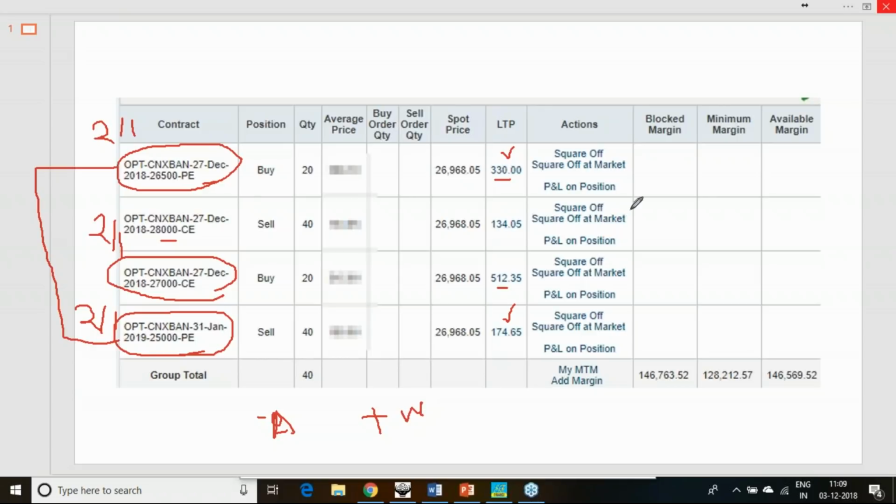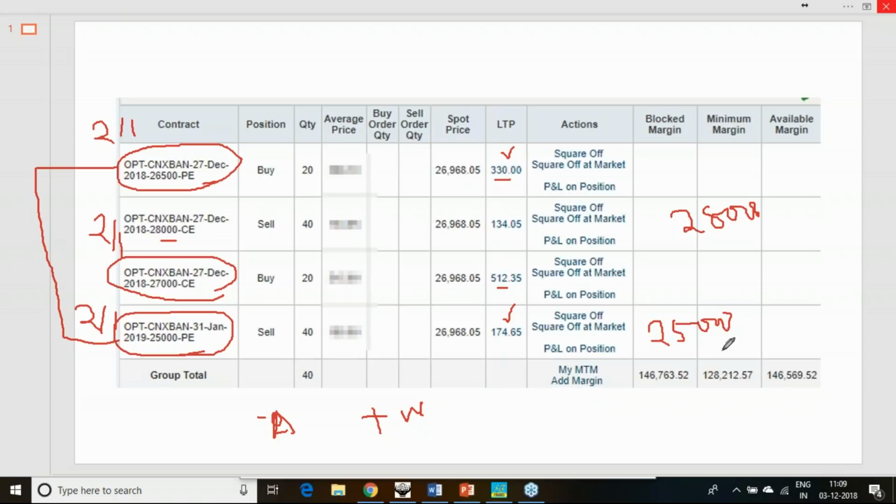This strategy will maintain the 0 delta till Bank Nifty touches 25,000 or Bank Nifty touches 28,000; in either case it will still maintain the delta as 0. Once you start moving beyond 28,000 or fall below 25,000, the Bank Nifty deltas turn negative or positive.